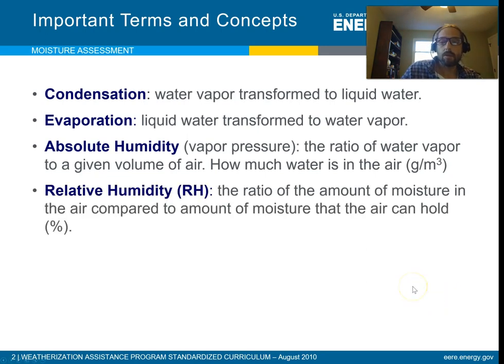Relative humidity, on the other hand, is the ratio of how much moisture is in the air compared to how much moisture the air can hold. And air at different temperatures can hold different amounts of vapor. We'll go over that here in a minute. But as the air warms up, it can hold more vapor. Okay?